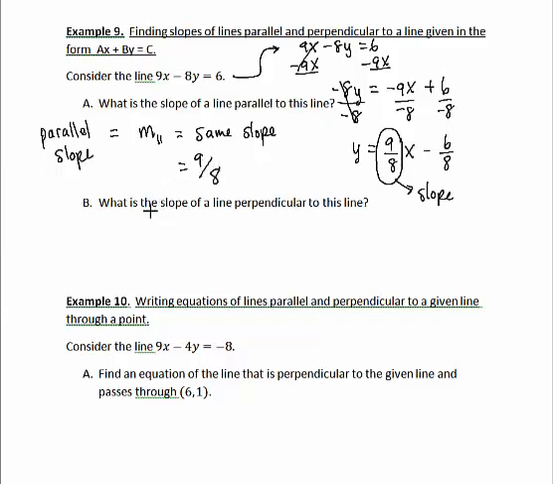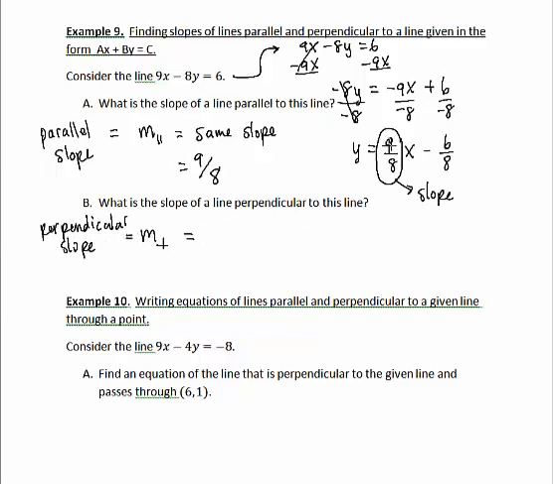Okay, what is the perpendicular slope? And so we simply label the m with a set of perpendicular lines. Okay, this is going to be our symbol for perpendicular slope.